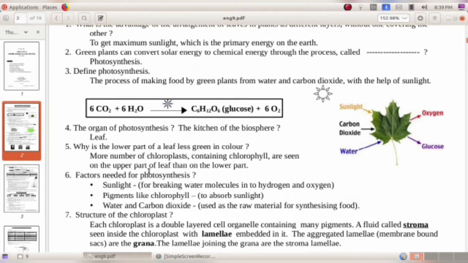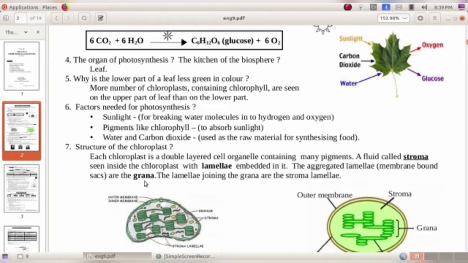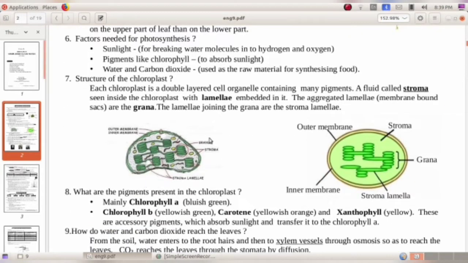is released. Then we are going to see the structure of chloroplast. Each chloroplast is a double layered cell organelle. We can see a double layer around the chloroplast and a fluid called the stroma inside the chloroplast. This is the fluid part, and inside the chloroplast, lamella are embedded in it.